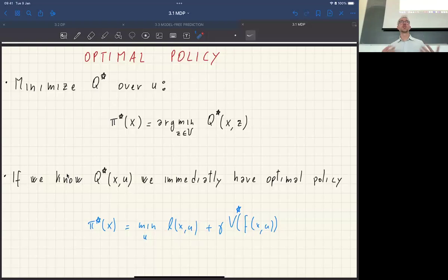You can just observe it, which in a robotics context would be you don't know the dynamics of the robot. You can just apply control inputs and see what motion comes out of it. So even if you know V star, can you actually do this minimization?